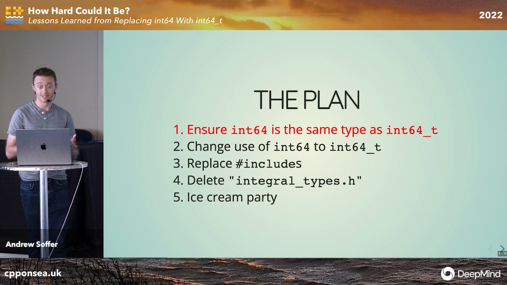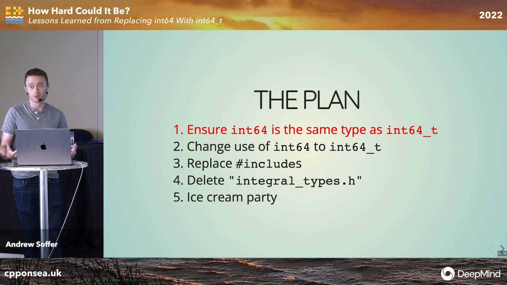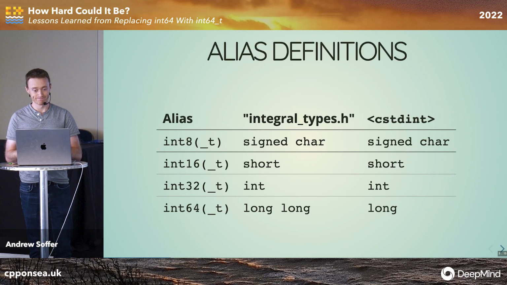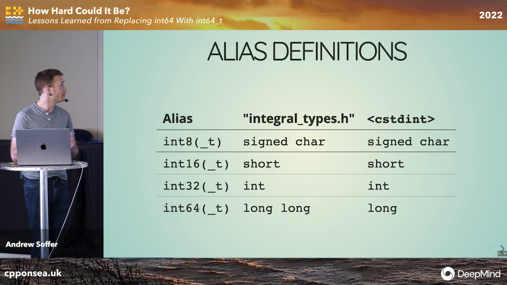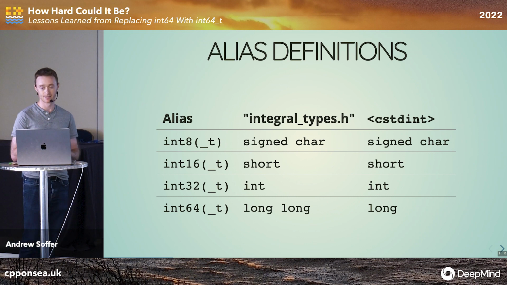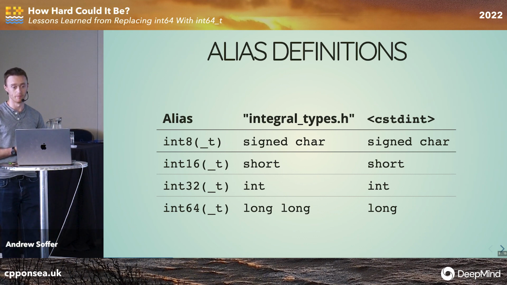So let's take a look at what these aliases refer to, right? We know that the standard doesn't really guarantee anything particular, but maybe on our particular platform we're going to get lucky and they're already the same. As I mentioned, there are no guarantees here, but if you're compiling x86, 64-bit, Linux, GCC or Clang using the standard libraries, these are the aliases you probably have on your platform.